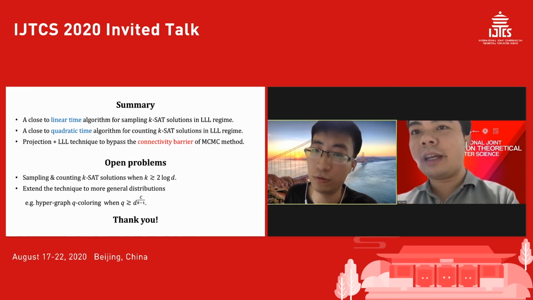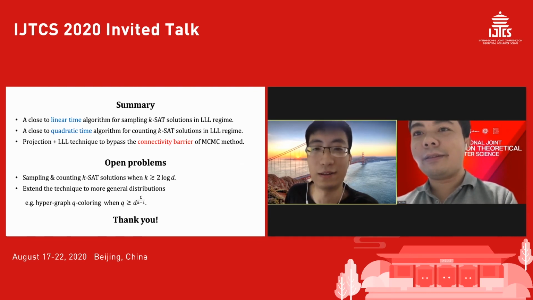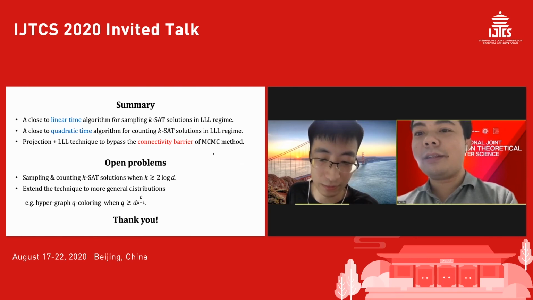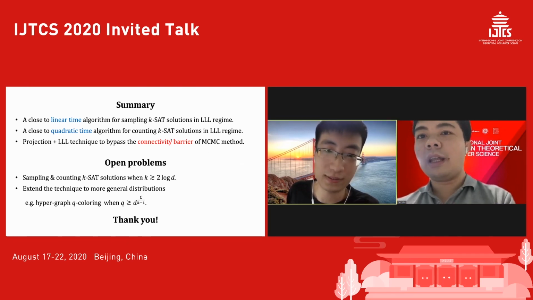You mean lose from the projection? Yeah, like by doing projection, you always lose something, right? No, we didn't lose anything, because after projection, we will have a marginal distribution. Then we first sample from the marginal distribution. Then given the assignment on these projected variables, we sample from the conditional distribution.